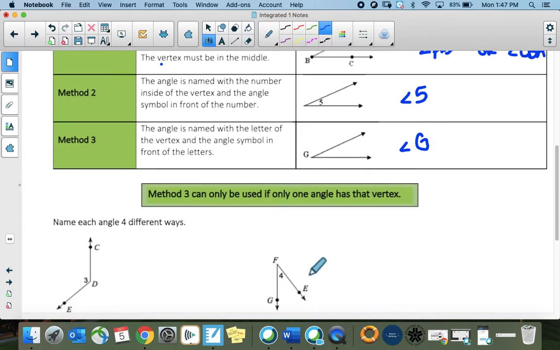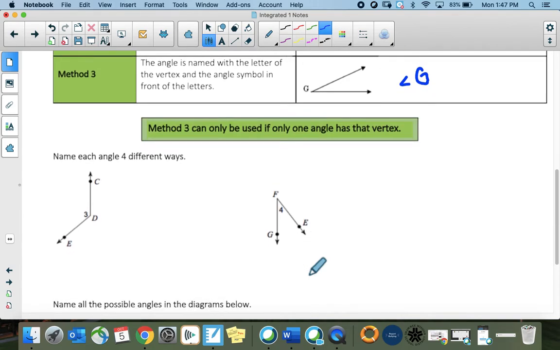All right, let's practice those three methods. It says there are four ways to name this angle. We could say it's angle 3, using the number. You could use angle D, just the one letter. You could use the three letters, angle CDE or angle EDC.